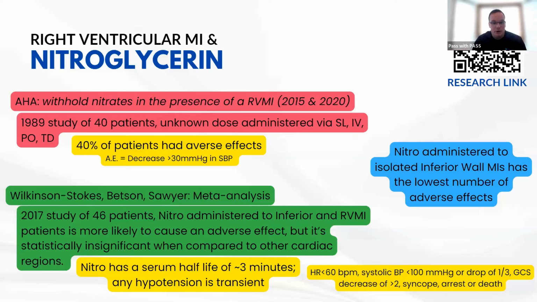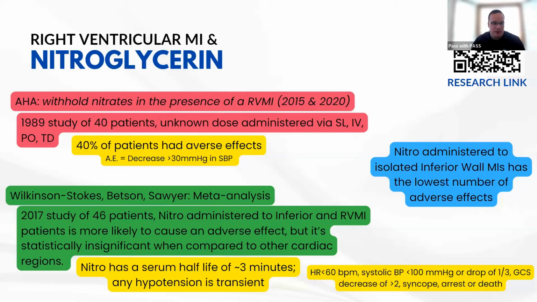So in 2023, Wilkinson, Stokes, Betson, and Sawyer did a meta-analysis, which is basically just a review of another research study. And that study was in 2017 of 46 patients. Nitro administered to inferior and right ventricular MI patients is more likely to cause an adverse effect, but it's statistically insignificant when compared to other cardiac regions.